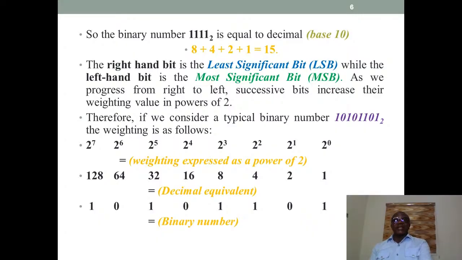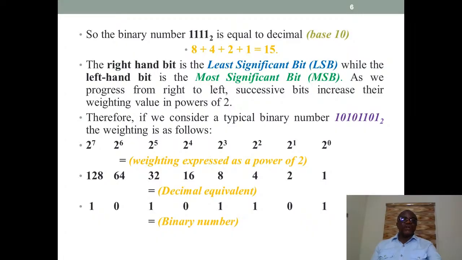In this our case, we have a string of 8 binary digits. So if you start from 0, then you will end at 7. If we look at their equivalents, you see that 2 raised to power 0 is 1, 2 raised to power 1 is 2, 2 raised to power 2 is 4.